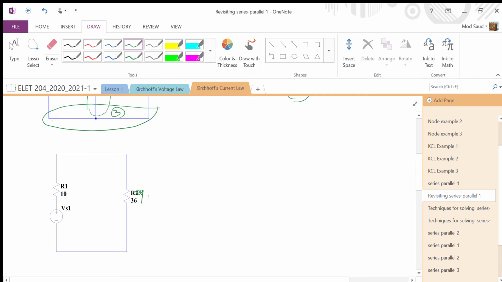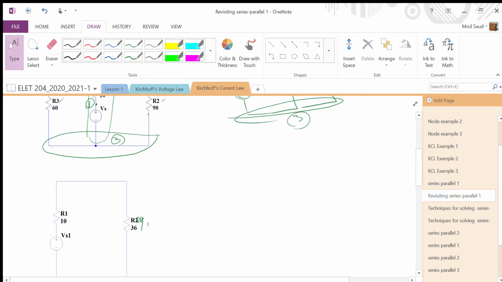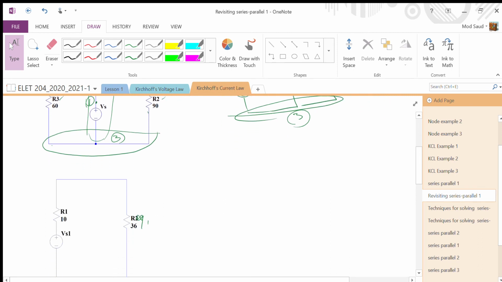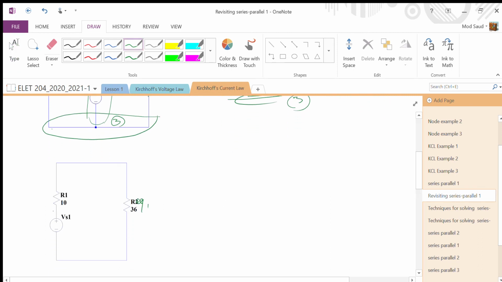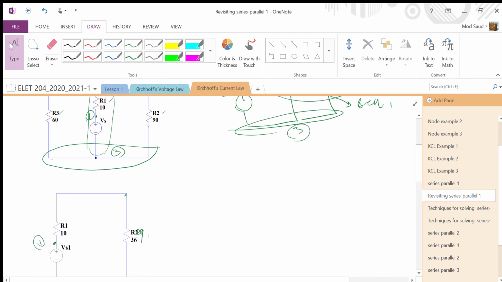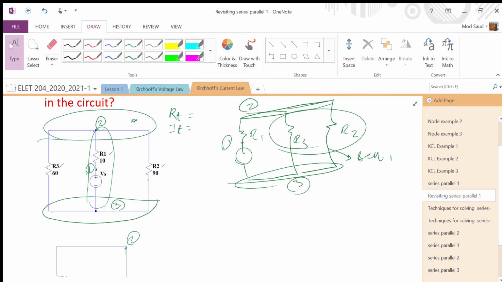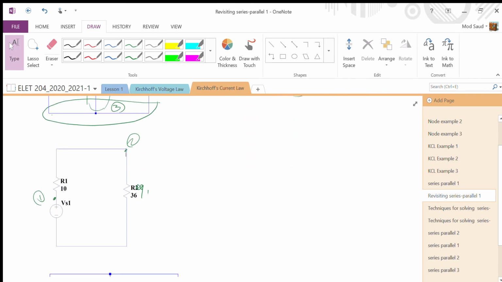We have only 2 resistors now. If I label, this is node number 1, and this is node number 2, connecting R1 with the equivalent resistance.